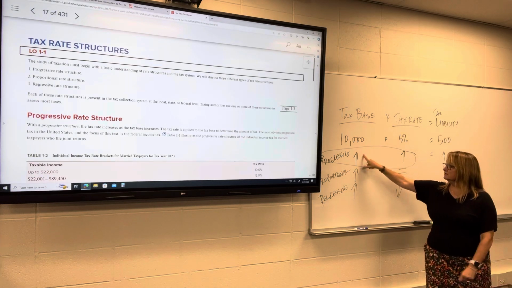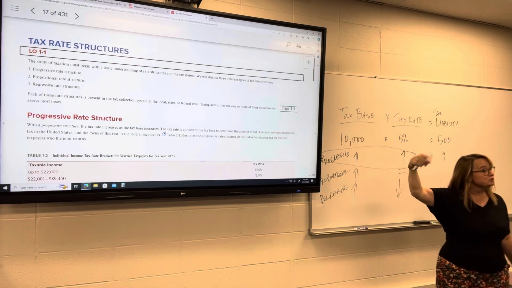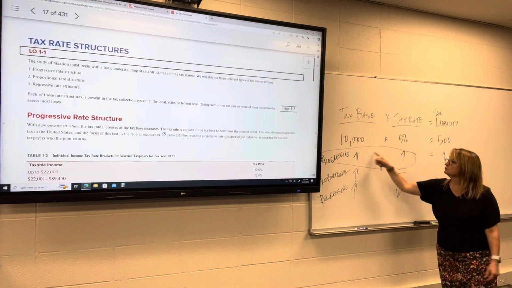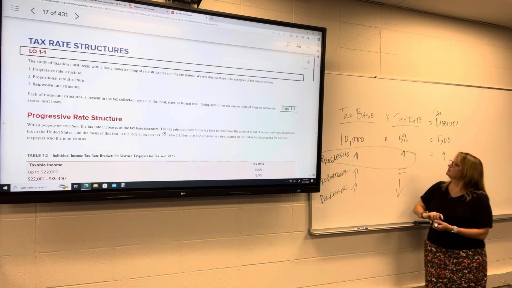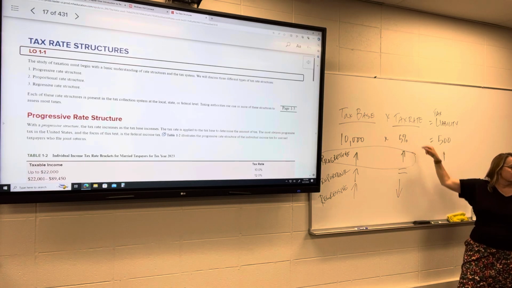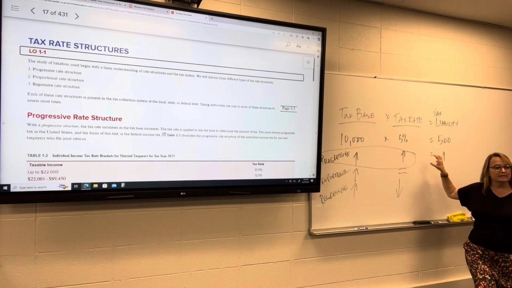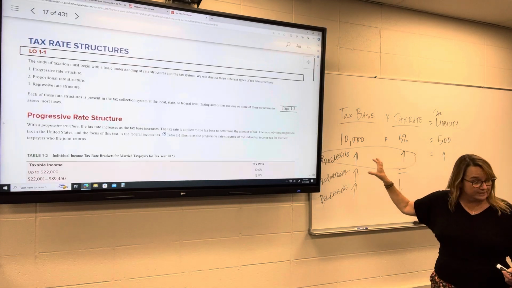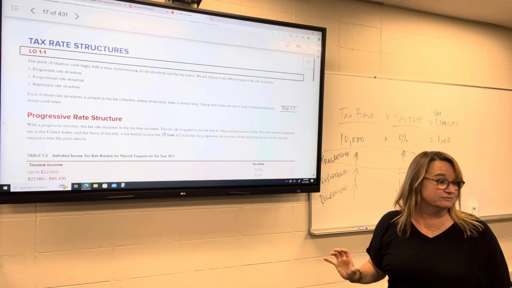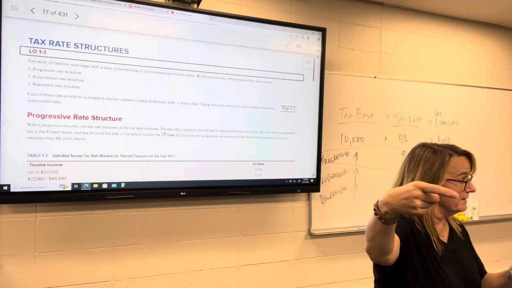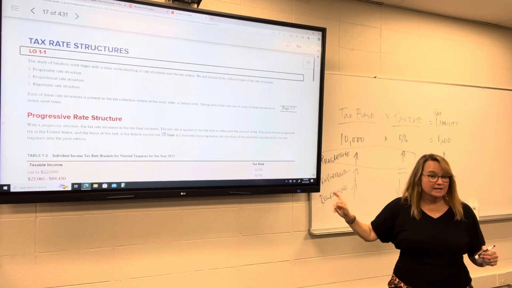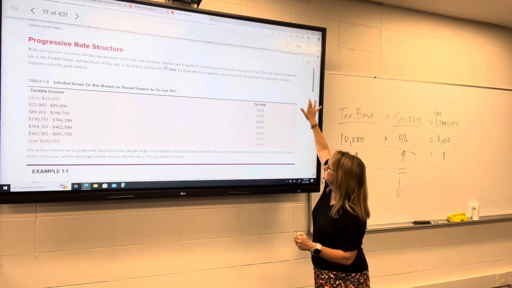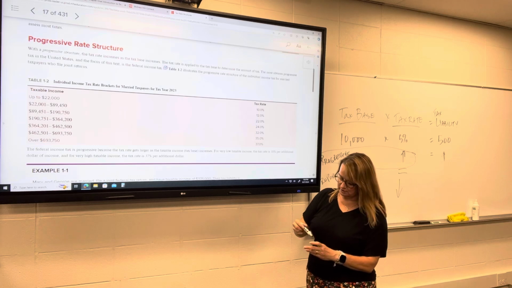But currently, this is what we look at. And so those marginal tax brackets, this is what you're seeing. That tax base is going up, and then that tax rate is going up. But with regard to our marginal rates, it's not on the entire amount of the tax base. It's on the additional amount that's being added to that tax base. Okay? And so here's our illustration here.